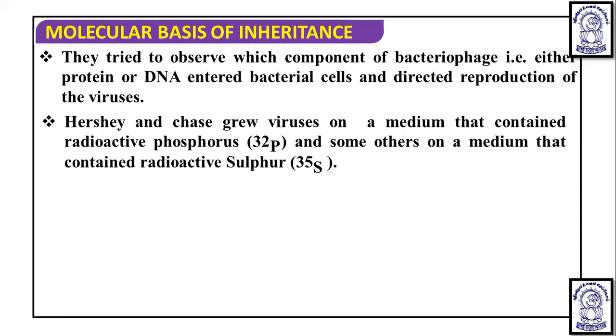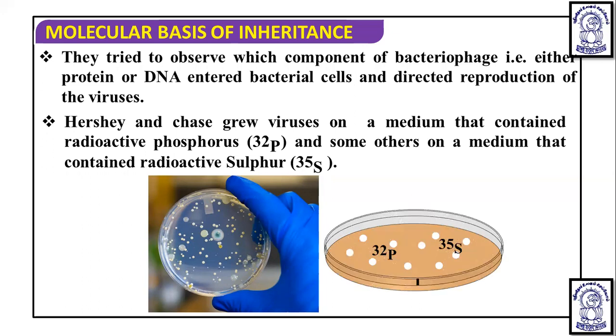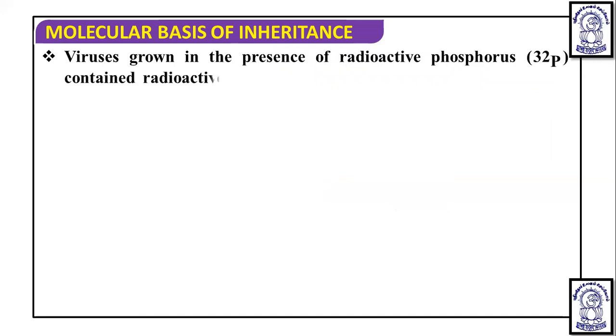They grew some viruses on a medium that contained radioactive phosphorus, and other viruses on a medium that contained radioactive sulfur. So if I keep one petri plate with the medium of P32 and another petri plate with the medium of S35, and culture the viruses, the viruses grow in the presence of radioactive phosphorus.